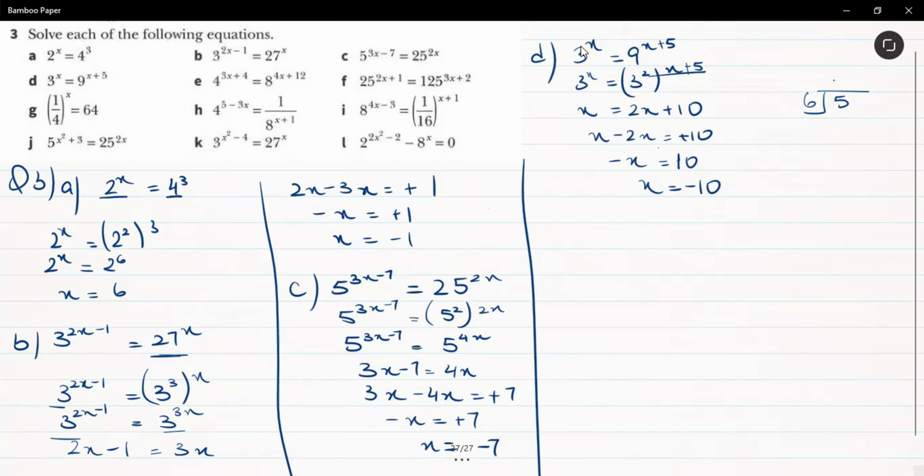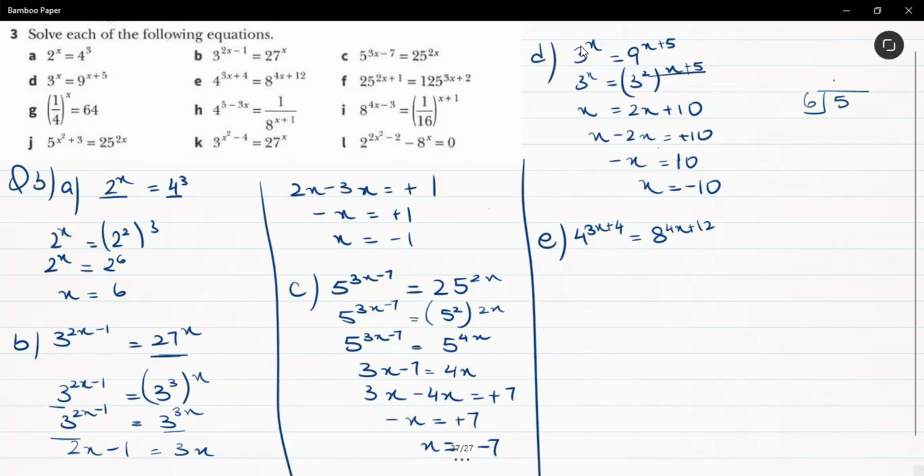So for part E, we have 4 to the power 3x plus 4 is equal to 8 to the power 4x plus 12. The thing is that neither can we convert this 4 into 8, nor can we convert this 8 into 4. So we have to do something else.